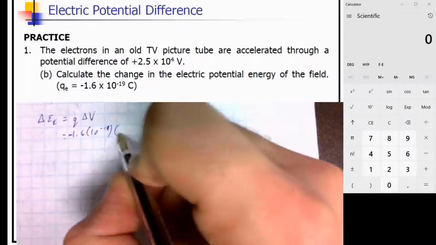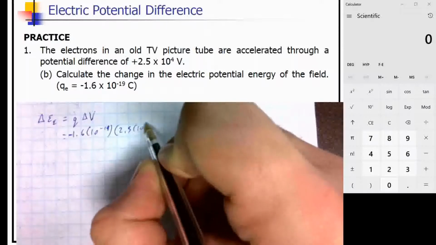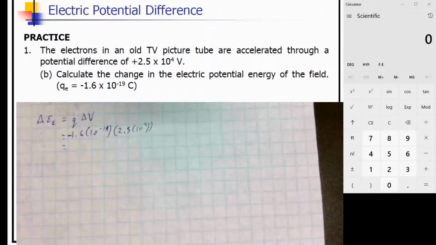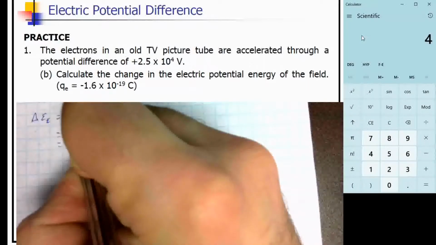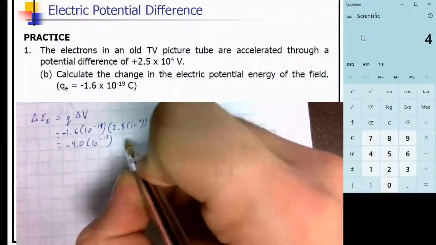And our voltage is 2.5 times 10 to the 4. What we end up with is 1.6 times 2.5, and negative 19 and 4 are going to combine together to become negative 15. So this becomes negative 4.0 times 10 to the negative 15, and that's joules.